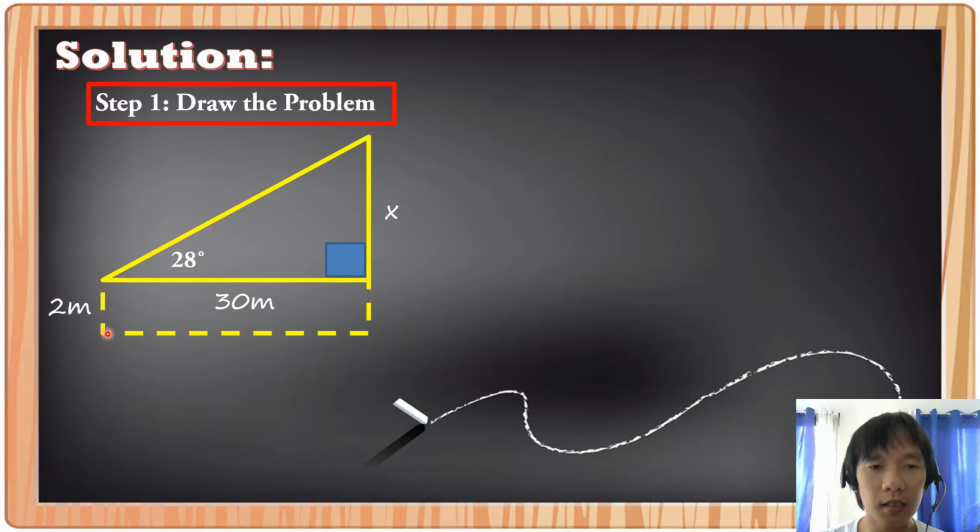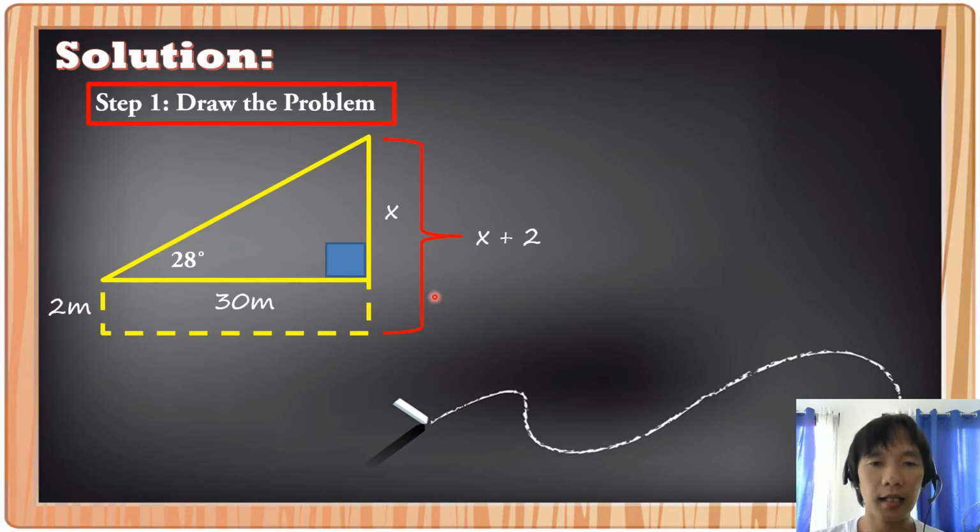So the 2 meters is included in the height of the tree. So if we are going to find the height of the tree, that will become x plus 2. So whatever we will get from our x, we will just add 2.